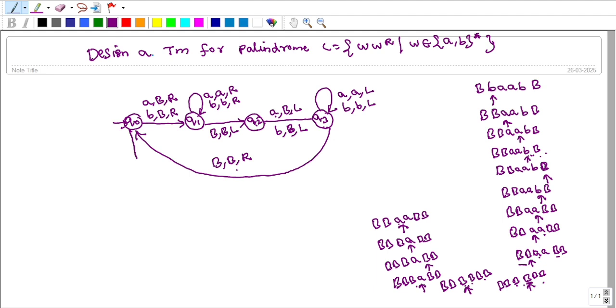So in Q0 to Q4, I will just make this state a final state. So B will be replaced by B and halted. So that's it. So this is a Turing machine for a palindrome.